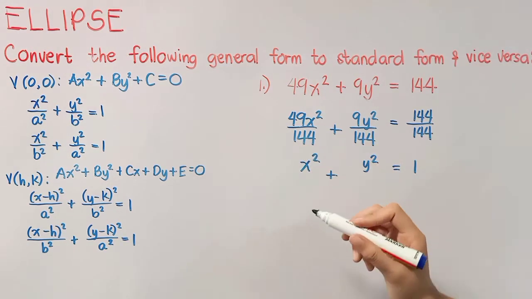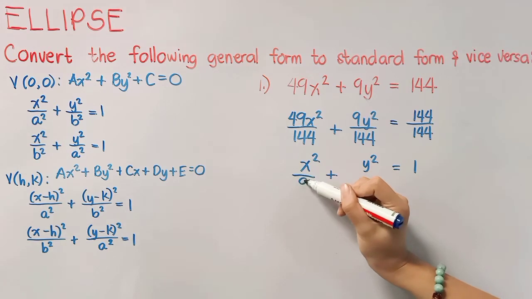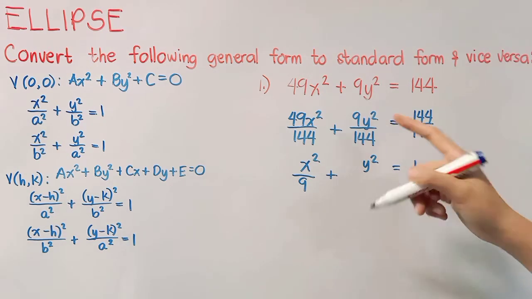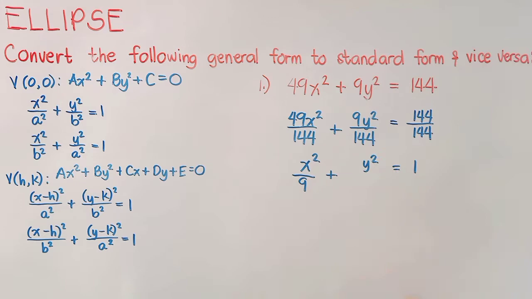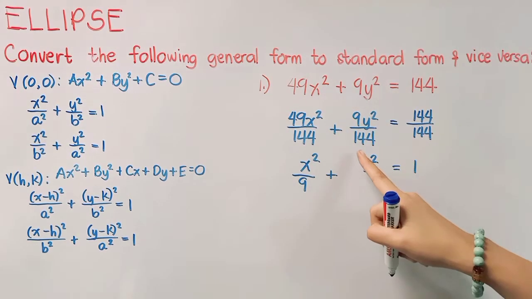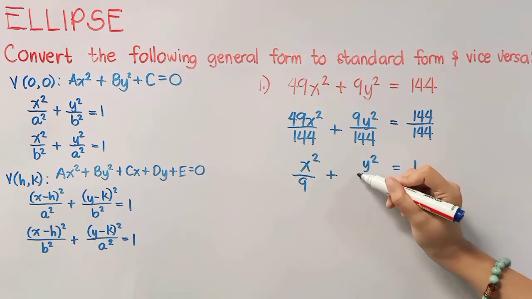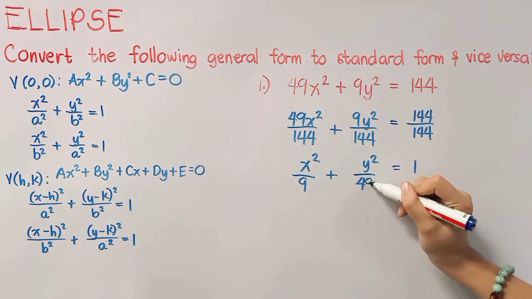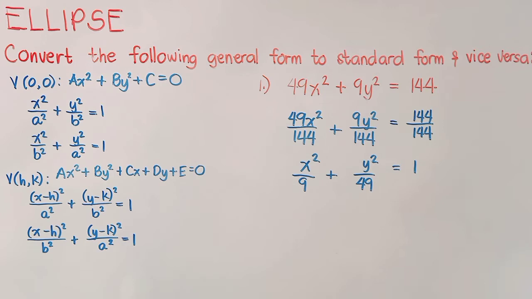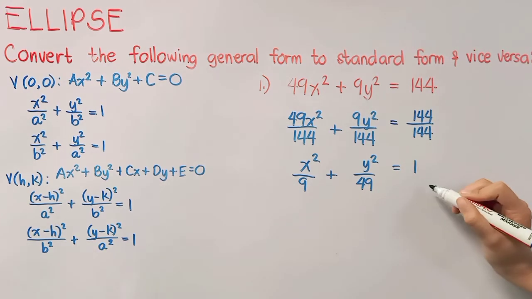And 144 divided by 49 is 9. Do the same on the second term. To eliminate 9, we have to divide the numerator and the denominator by 9. 9 divided by 9 is 1, so we don't have to write it anymore. And 144 divided by 9 is equal to 49. This is our final answer.